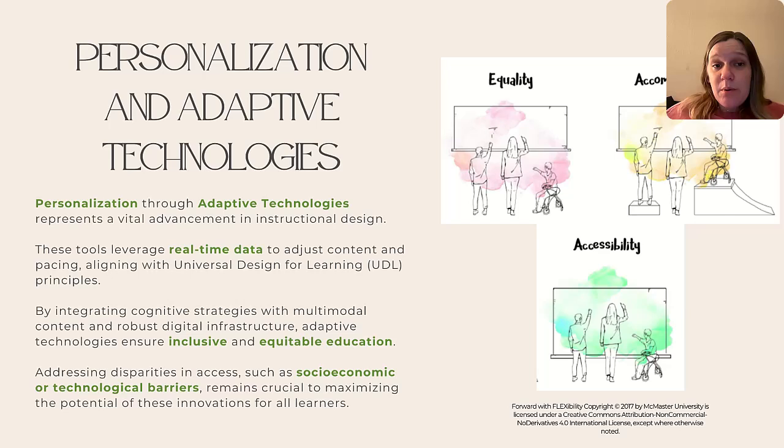The graphic on the right touches on the differences in equality, accommodation, and accessibility. Looking at the top left image, equality. This image represents a status quo classroom where, due to an exclusionary layout, learners do not have equitable access to the classroom.